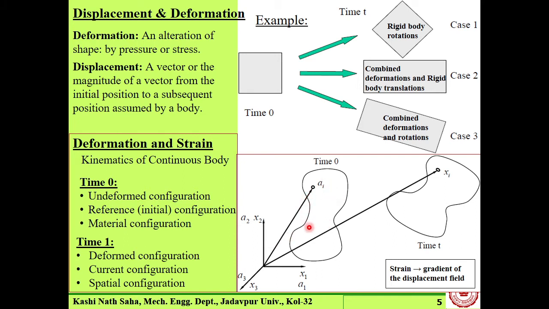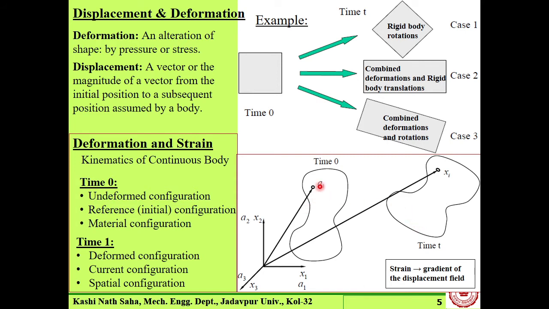So this is known as the initial configuration, or the reference configuration. This initial configuration is also the reference configuration. Why is it like that? I will explain now why it is like that. And this is known as the current configuration. Another terminology is the material configuration, and this is the spatial configuration.